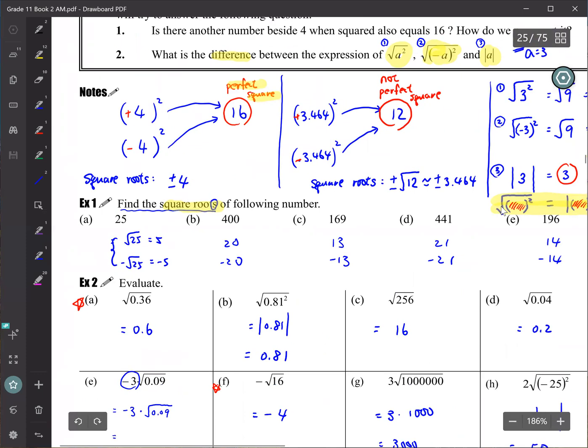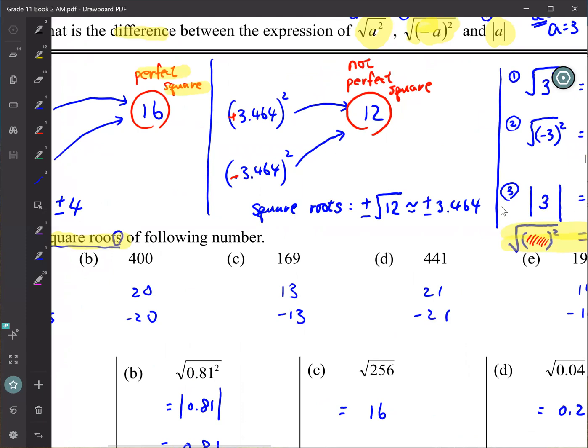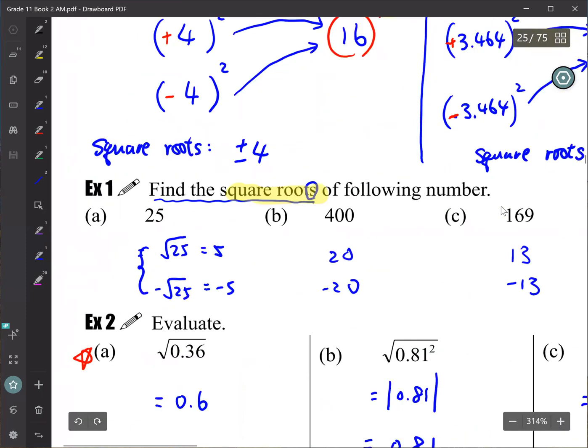And then we talked about how there are always two square roots. If they say, please find the square roots, you always have a positive and a negative. For the positive, you just put a square root sign. For example, question 1a, the radical sign 25, that's the positive.